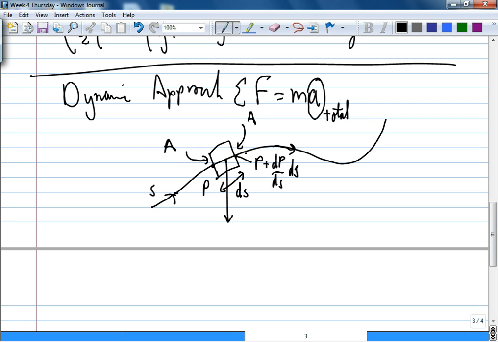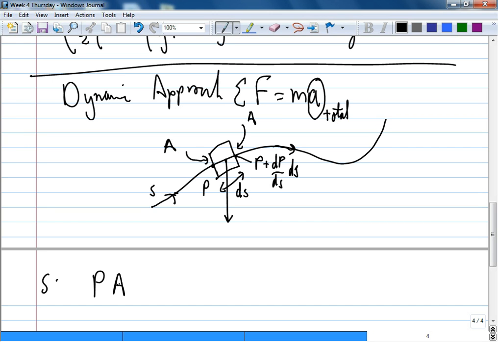So the force, in the s direction, is pressure times area, minus pressure plus dP on ds times area.